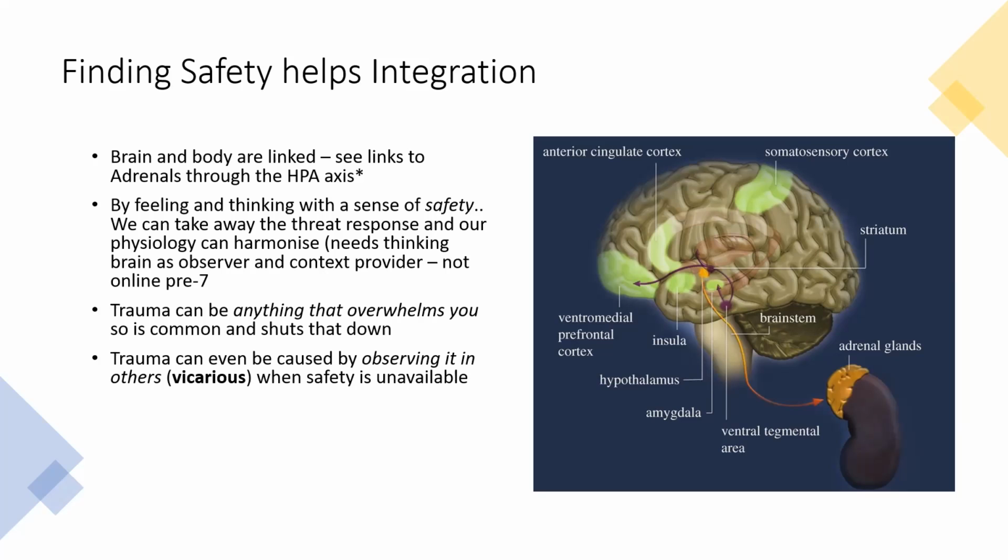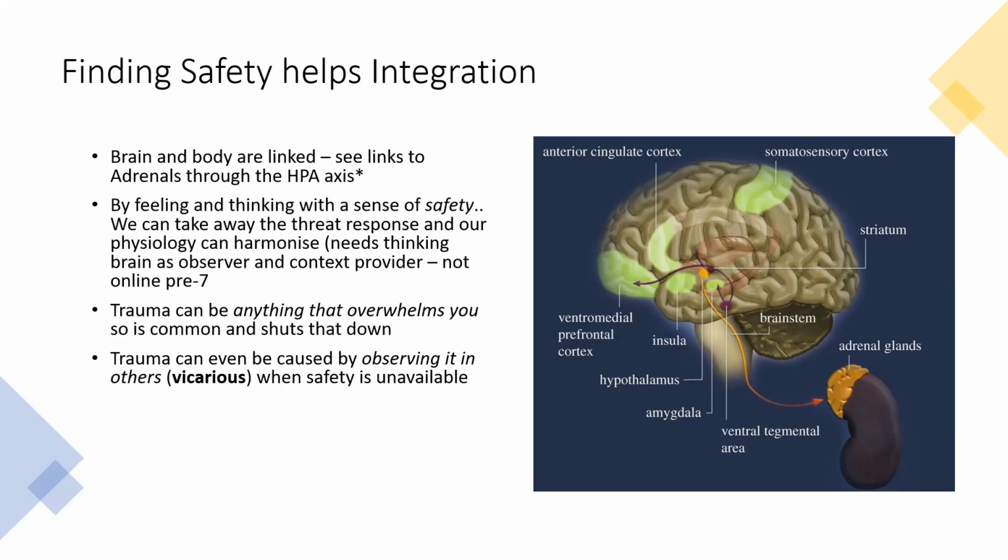And another point I wanted to make, which I haven't made for a long time, but it's in my book. I talk about this a lot because it happened to me, is that trauma can be even caused by observing it in others, particularly if they are emotionally close to you.